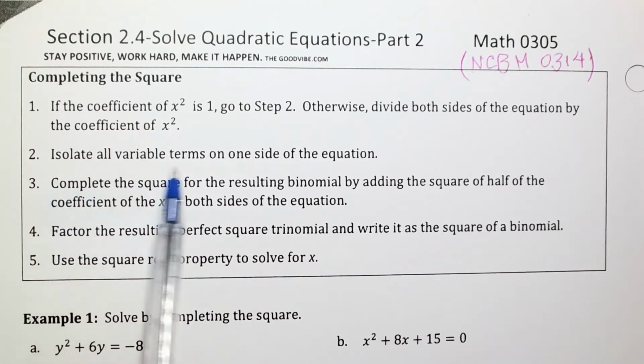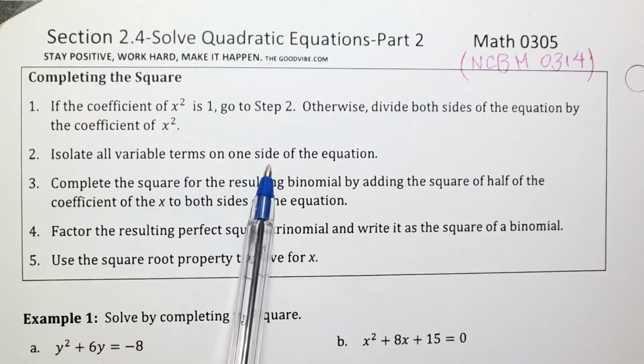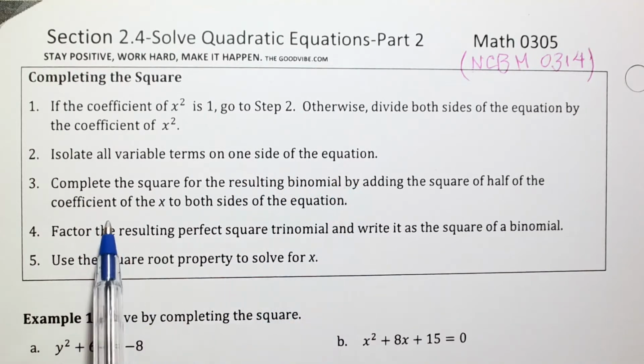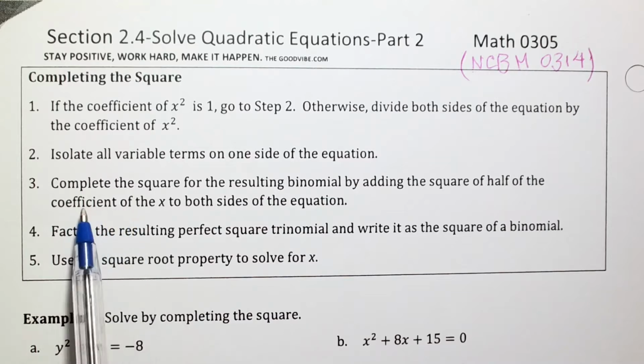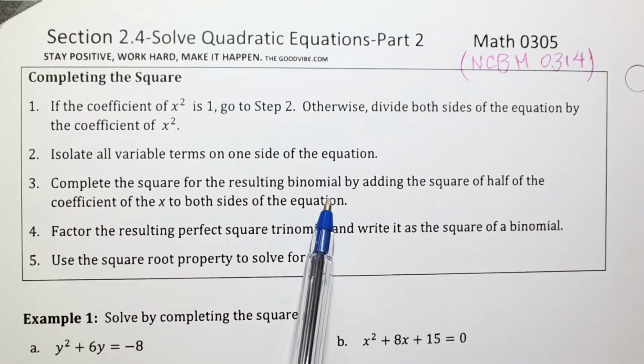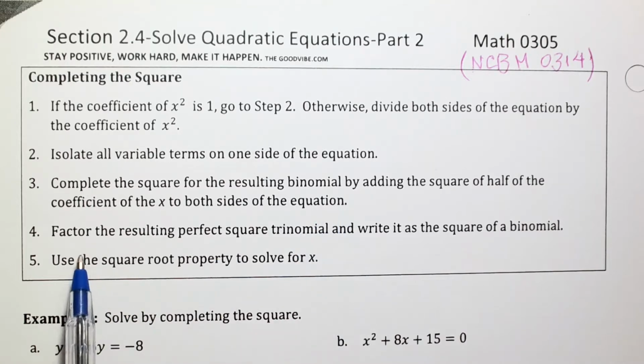In step 2, we need to isolate all the terms that have the variable on one side of the equation and the constant on the other side. Then on the left side, we complete the square using what we learned in previous sections, and then we solve that equation. I'm going to solve an equation and show you all those steps.